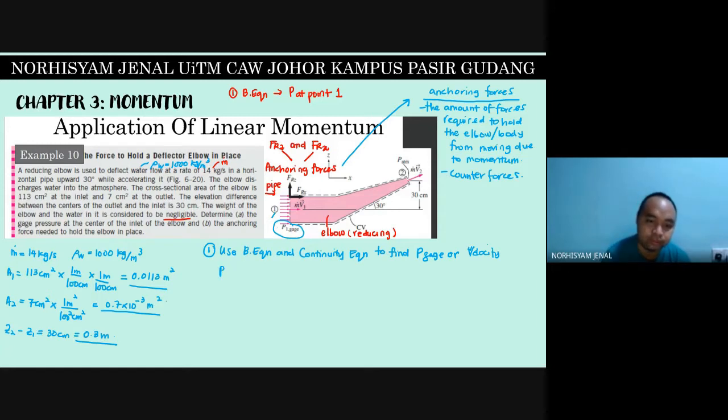So here, P1 over rho g plus Z1 plus V1 square over 2g equals to P2 over rho g plus Z2 plus V2 square over 2g. Okay, so P1, Z1, V1, P2, Z2, V2. So we check on things that we can cancel out. Number 1, P1 cannot, V1 cannot cancel out. Z1, can we cancel out? Considering this is lower than this elevation, we can cancel out. For this study, the elevation starts at the middle of your pipe.